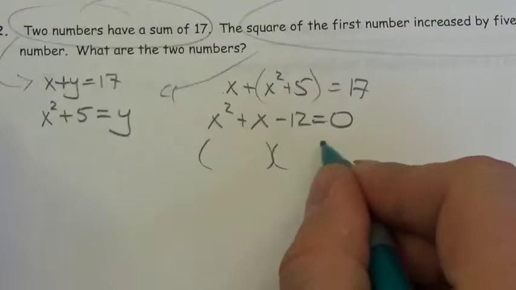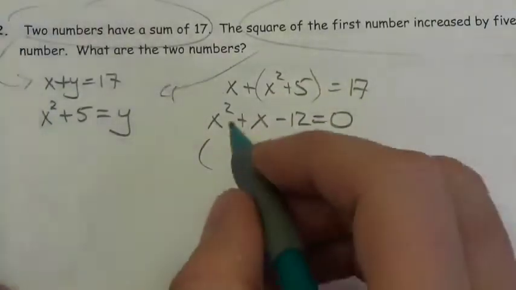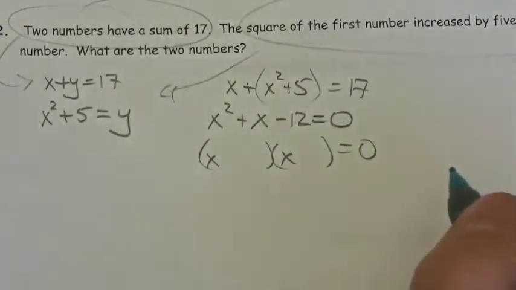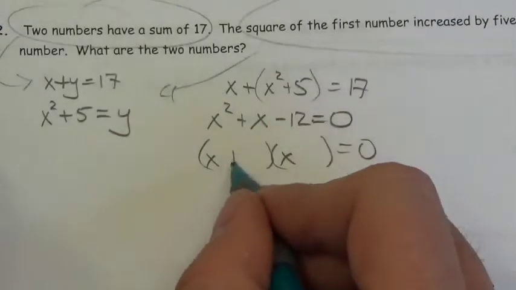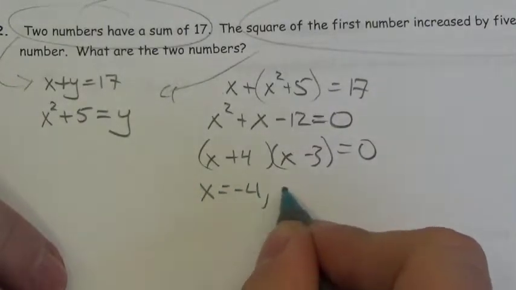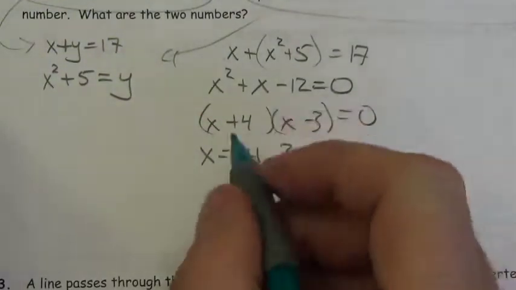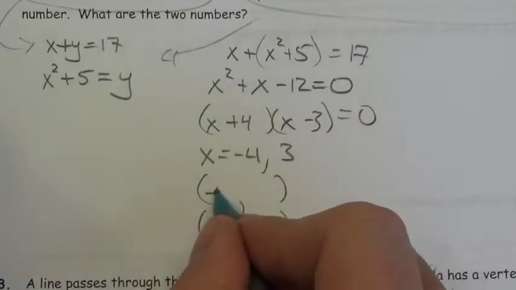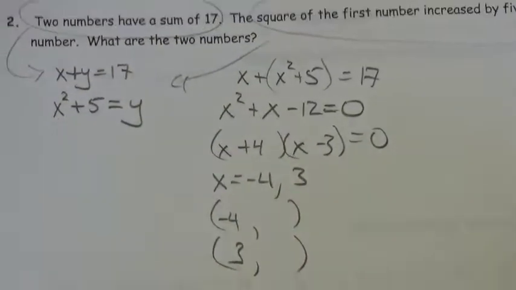Now I'm going to factor, if I can. x, that's easy because it's x squared. Now, factors of negative 12 that add to 1 are going to be positive 4, negative 3. So my solutions here will be negative 4, positive 3. So that's going to open up the possibility for a couple of points.